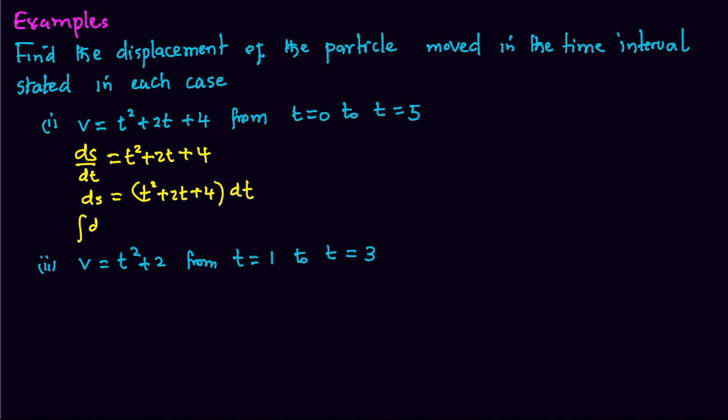Integrating both sides, the integral of t squared plus 2t plus 4 dt, so that s will be equal to t cubed over 3 plus t squared plus 4t.